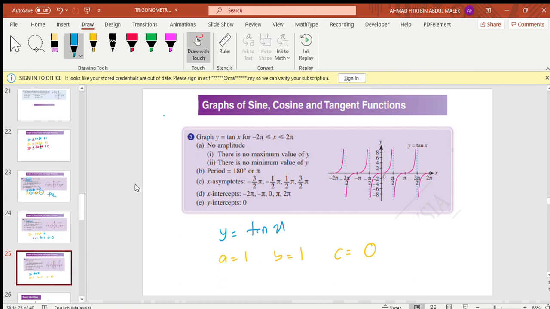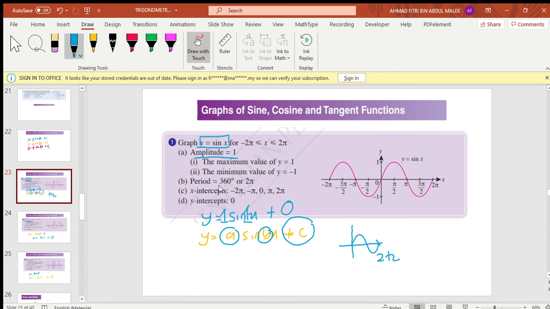And the c value refers to the starting point, or in other words, we can say that the graph can be shifted. Here the starting point is 0, the graph starts from 0. Why 0? Because the c value is 0.